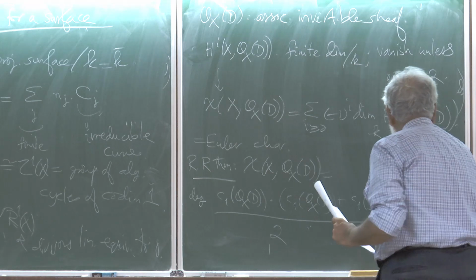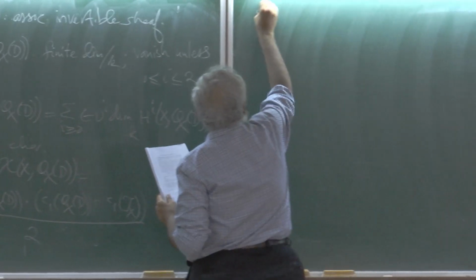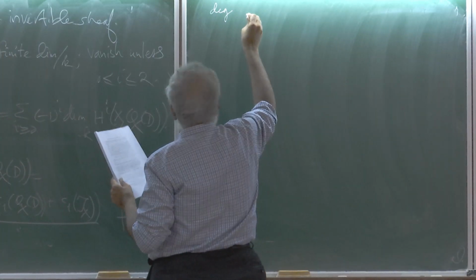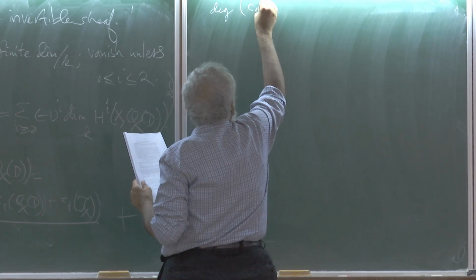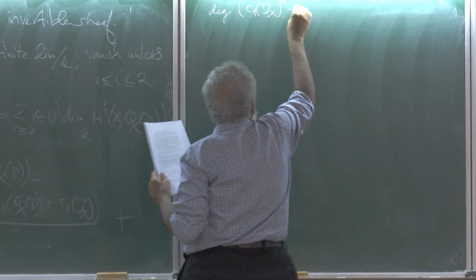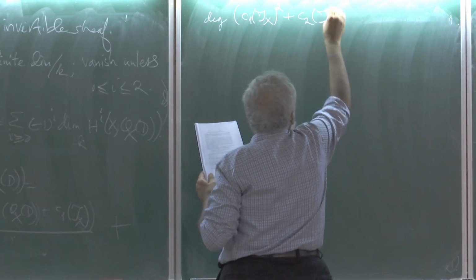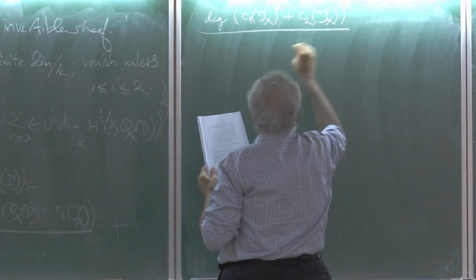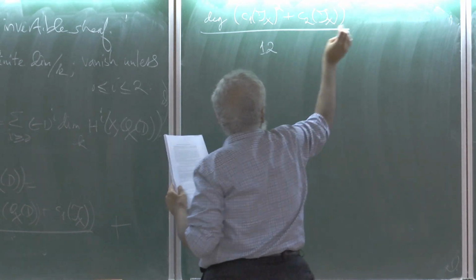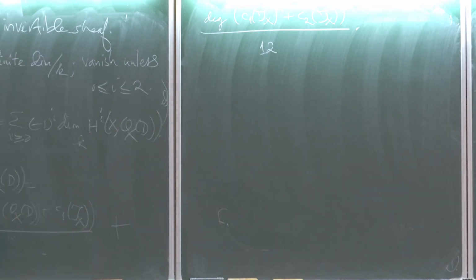But there's another term: plus the degree of C1 of the tangent sheaf of X squared plus C2 of the tangent sheaf of X, and the whole thing is divided by 12. So this is one version of Riemann-Roch for a surface.